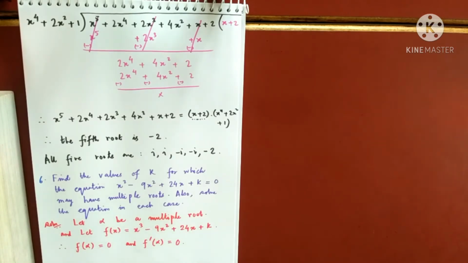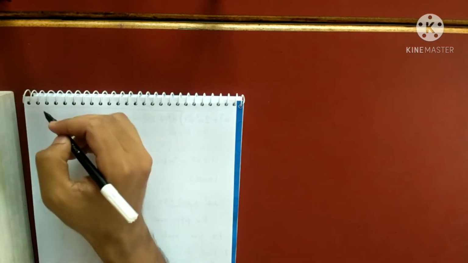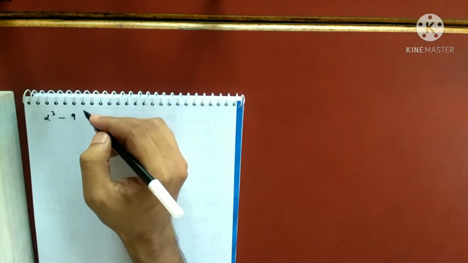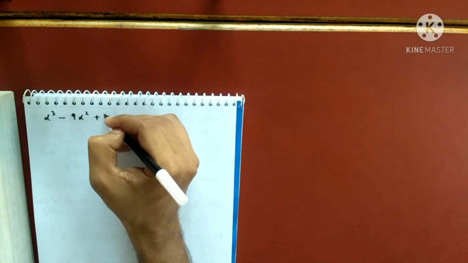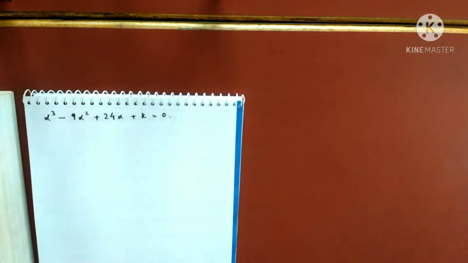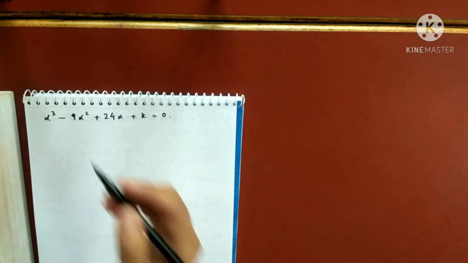So f(alpha) is 0 and f dash alpha is 0. Let's see what happens. What will f(alpha) equal to 0 give me? Alpha cube minus 9 alpha square plus 24 alpha plus k equals 0. So this will be my f(alpha) equals 0. And what is f dash alpha?